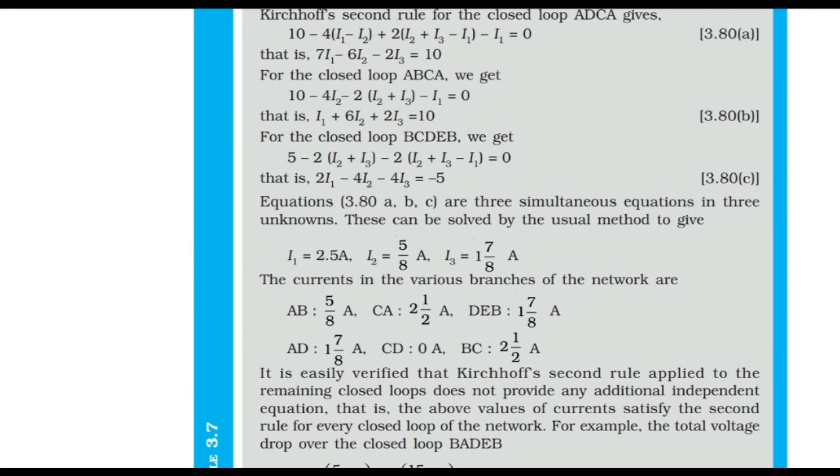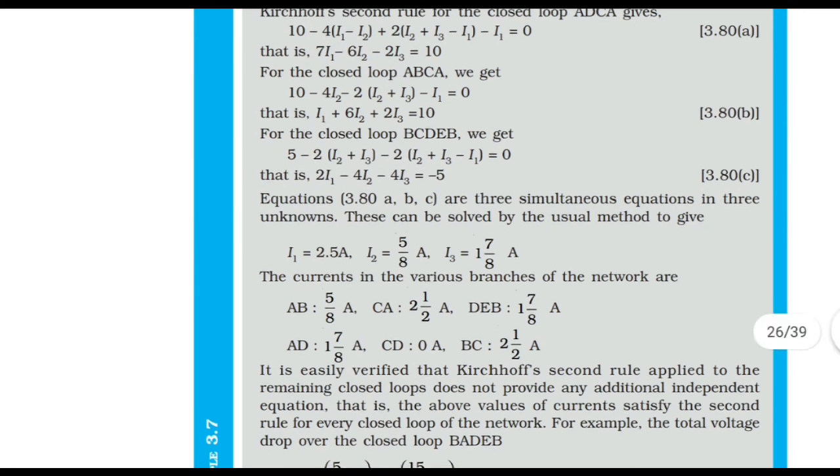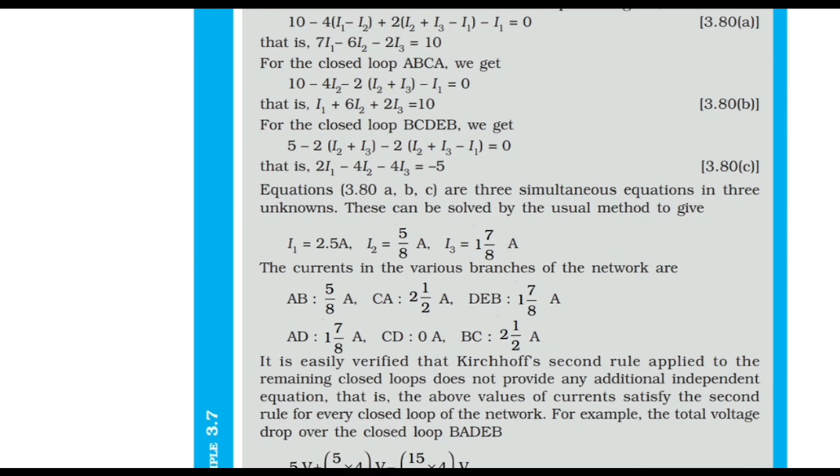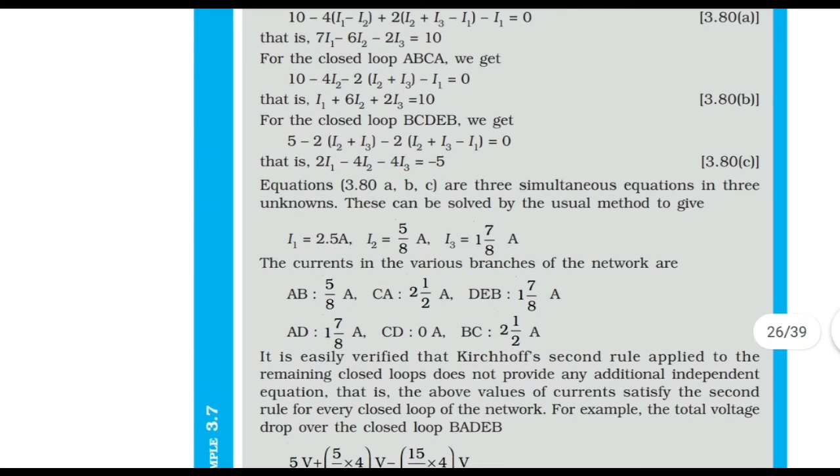This solution you have studied already in lower classes, in 9th and 10th. By that way you have to solve these equations and get the answers. After getting I1, I2 and I3, you can find the combinations of currents passing through each resistor.